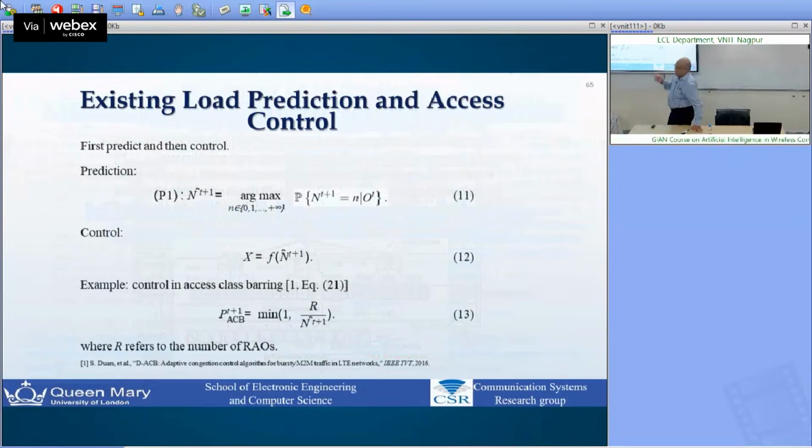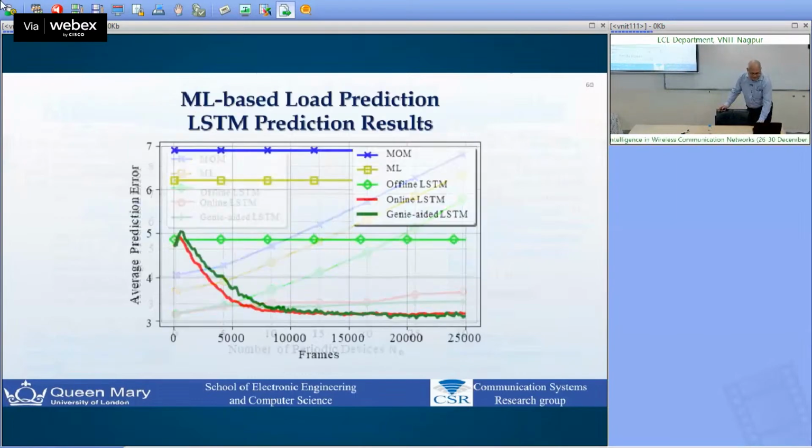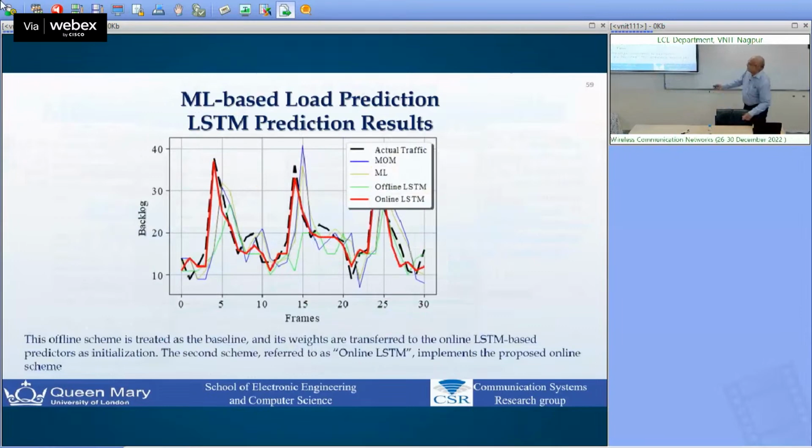If you use the estimator of the load, the estimation is wrong. You see here the blue and yellow estimation is wrong. If the estimation is wrong, then the ACB factor is wrong, and a wrong ACB factor means collision will occur.